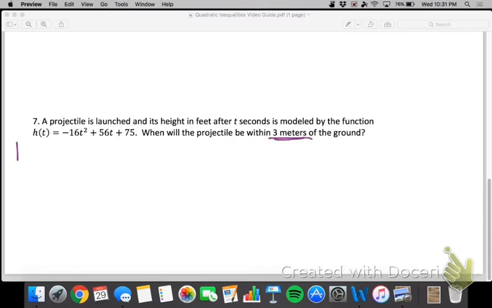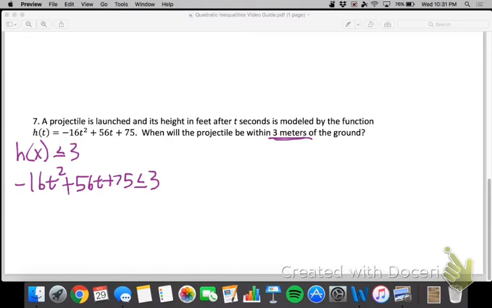So that means I want to know when the height is less than or equal to 3. So I'm solving negative 16t squared plus 56t plus 75, and I want to know when that is less than or equal to 3. And remember, I don't really care about the less than sign until the end of the problem.